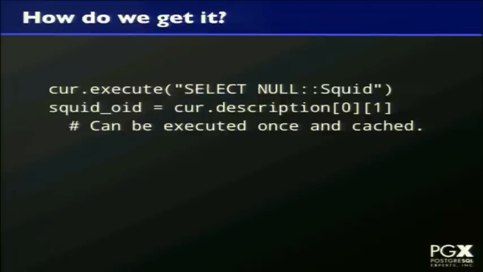You can do a query, get a null Squid back, and grab the OID out of the result. So the good news is then you can cache that, because assuming you're not dynamically recreating the database between queries, which if you're doing that, you may want to revisit that decision. Once you got it, you got it.